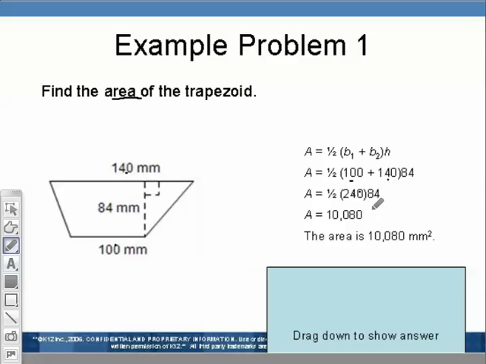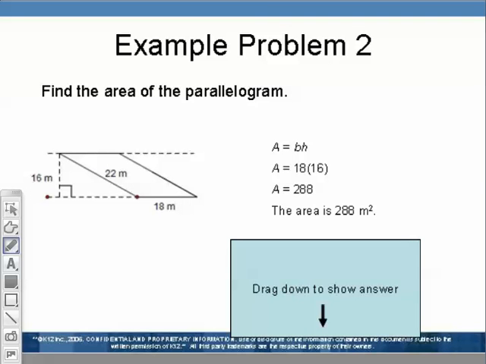Multiplying that times 84, I get 10,080. And since we were talking about millimeters, that's 10,080 millimeters squared. That's what my area would be.